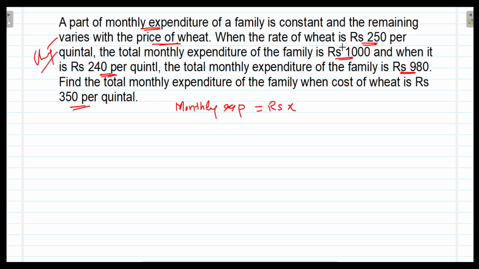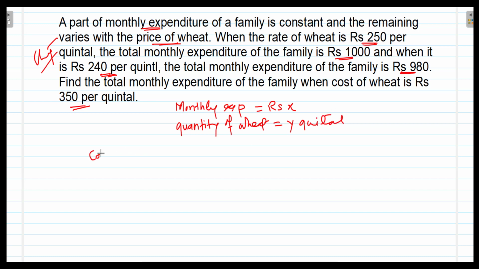When the rate of the wheat is 250 per quintal, the total monthly expenditure of the family is rupees 1000. So let the quantity of wheat consumed by the family be Y quintal.